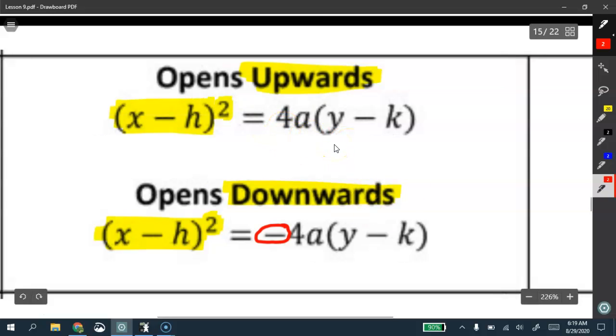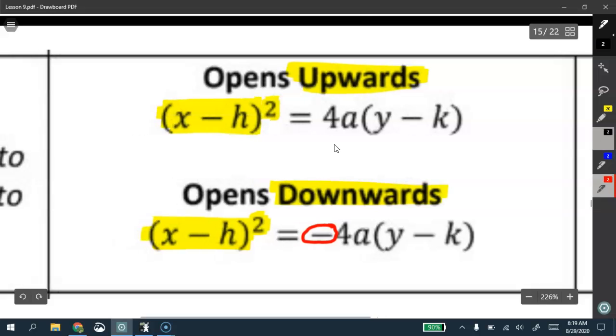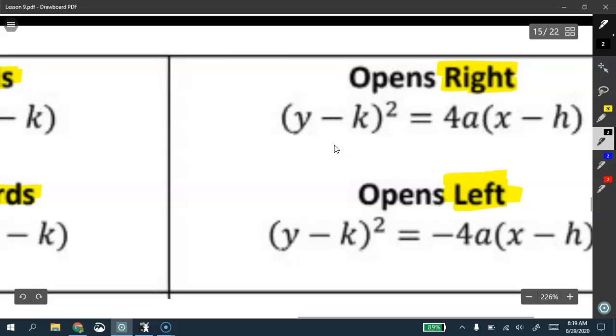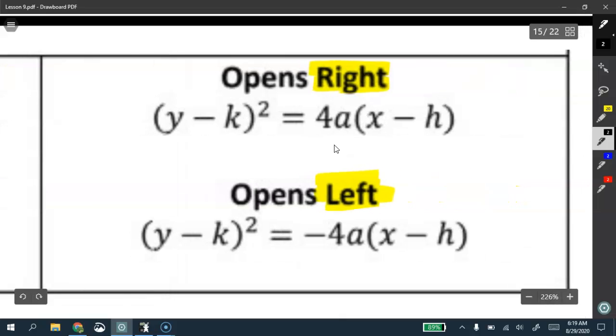An upward parabola looks like this, whereas a downward parabola looks like this. And if you continue to draw in the same manner, a parabola that opens right faces right like this, and one that faces left is like this.